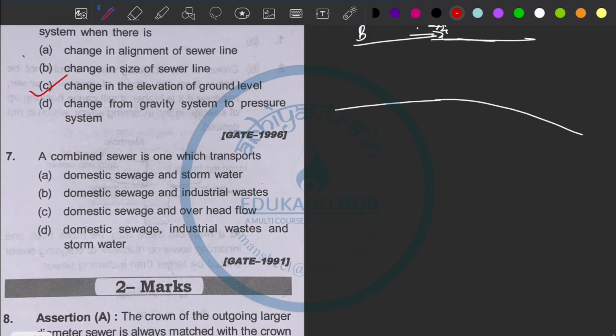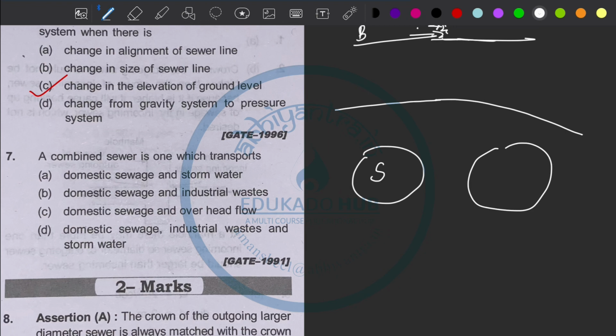Next, a combined sewer is one which transports... in some areas there will be two different sewers, one carrying sewage and another carrying rainwater or storm water.